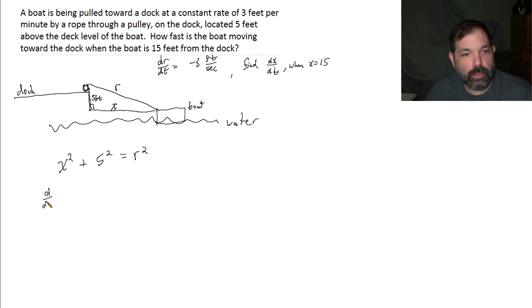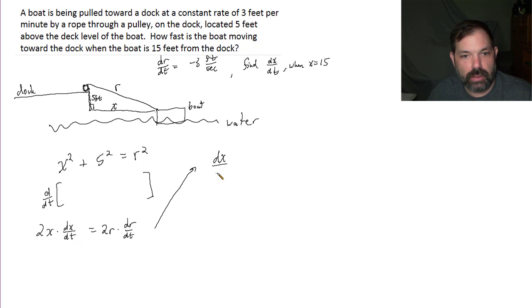And so I'll differentiate with respect to t, the entire equation, yielding 2x times dx dt plus 0, because 25 is a constant, is equal to 2r times dr dt. All right, and I'm solving for dx dt. So dx dt is equal to r over x times dr dt.